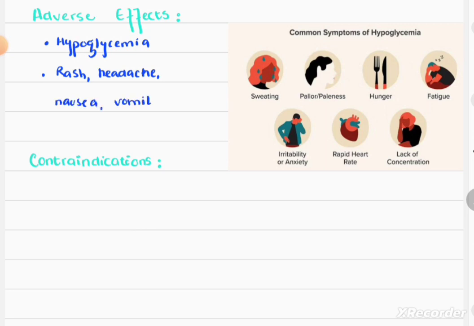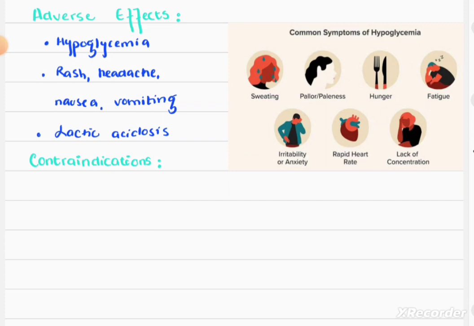And there is a rare side effect associated with the sulfonylureas, which is lactic acidosis. How lactic acidosis develops is that there is an inhibition of gluconeogenesis, which means that the sulfonylureas prevent the production of glucose. So in return, there is more accumulation of lactic acid. So this is how it causes lactic acidosis in the patients who are taking sulfonylureas.